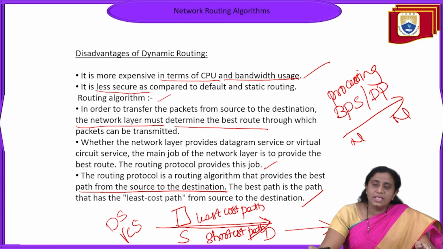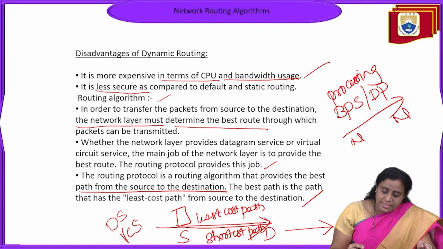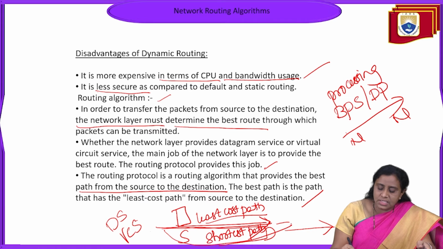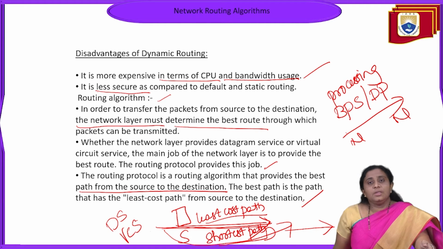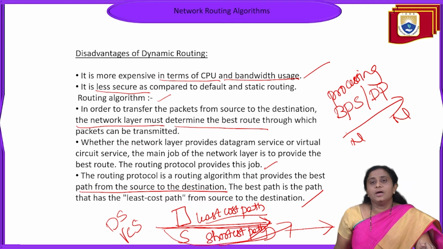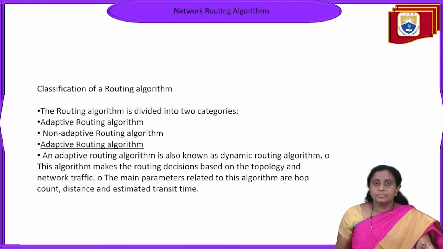Before that, it needs to decide which path is best, the least cost path and the shortest path, to reach its destination as well as possible. So these are the main disadvantages of dynamic routing.